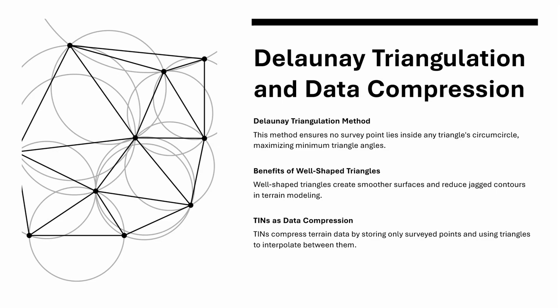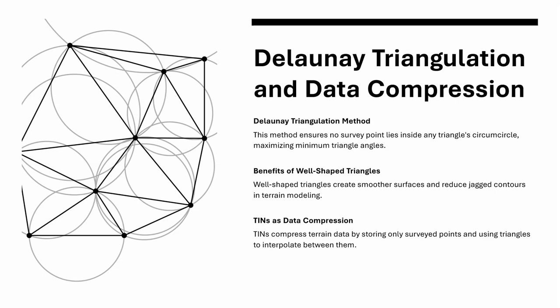Then we also have data compression. Another way to think of TIN is a form of data compression. Consider this. The Earth's surface has effectively infinite detail. If you tried to model every pebble, blade of grass, and ripple in a ditch, you will never finish. Surveying is selective. We measure only what's necessary, and the TIN reflects that selectivity.